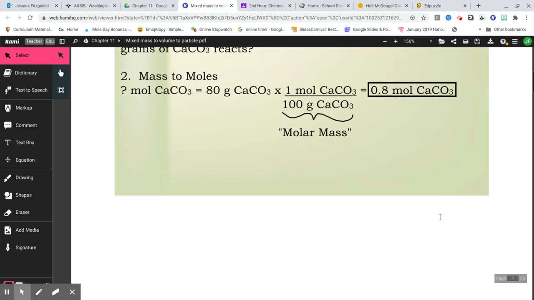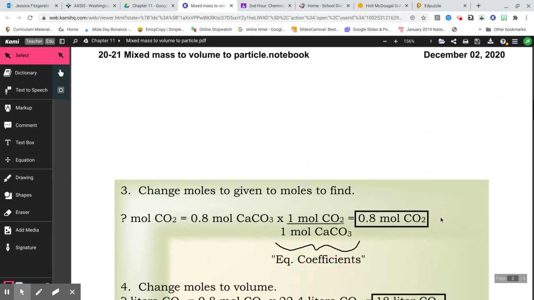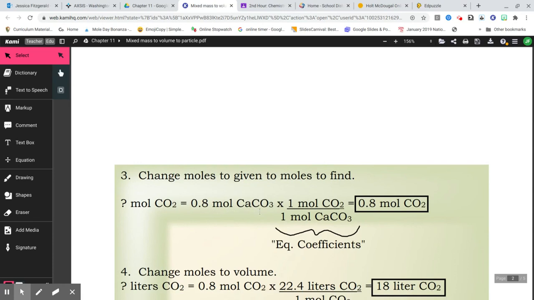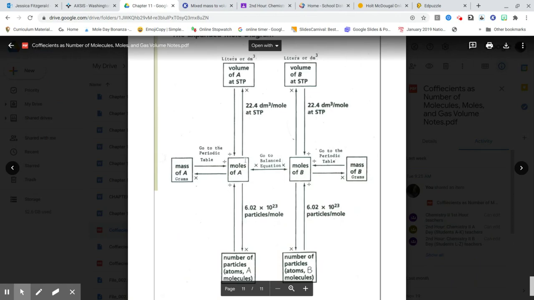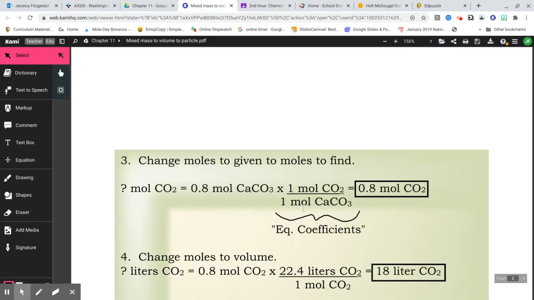We take our answer, if you like the 1-step problems, and we're going to convert our moles of calcium carbonate, so we're here at A, to moles of B. So we put moles of calcium carbonate at the bottom and moles of our new substance, or B, or CO2, what we're trying to find, in the top.